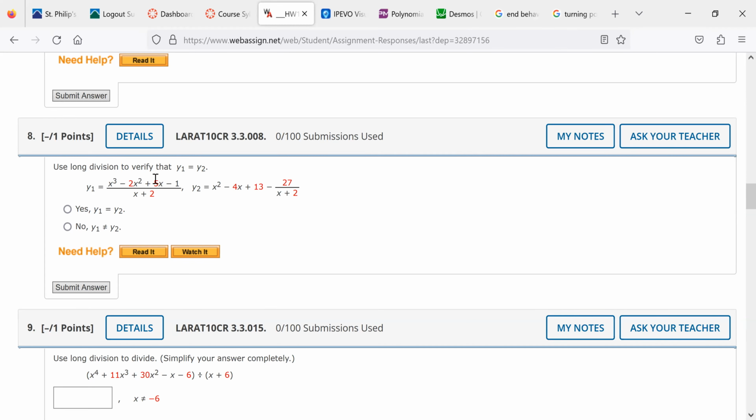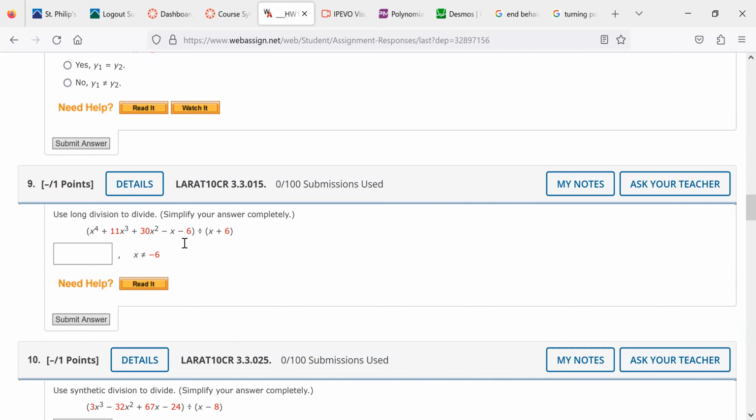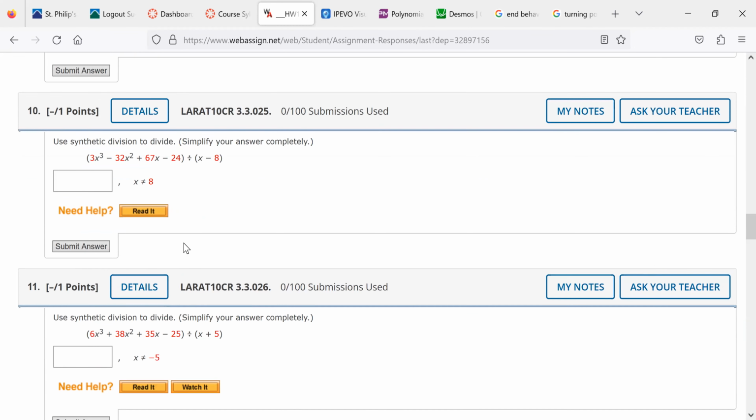I might even be able to factor and cancel a term, maybe. But I do have to learn long division and just do it. Using the divide this guy here.